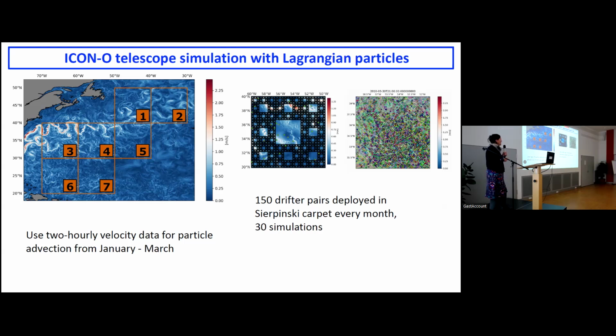The reason you do this is you want to make sure that the initial separations of your particles fill the scale space in the best possible way. If you would randomly deploy the particles here, you would not necessarily fill the separation space well enough.